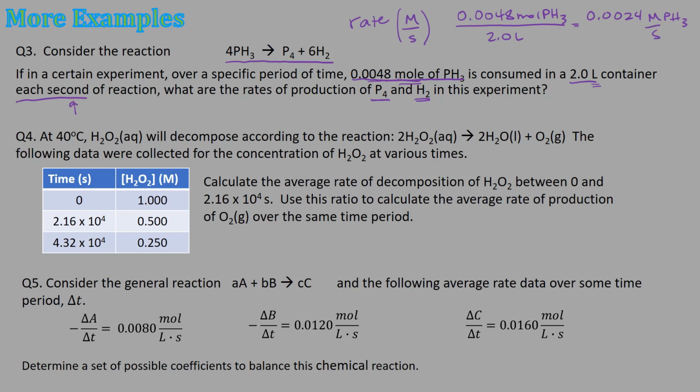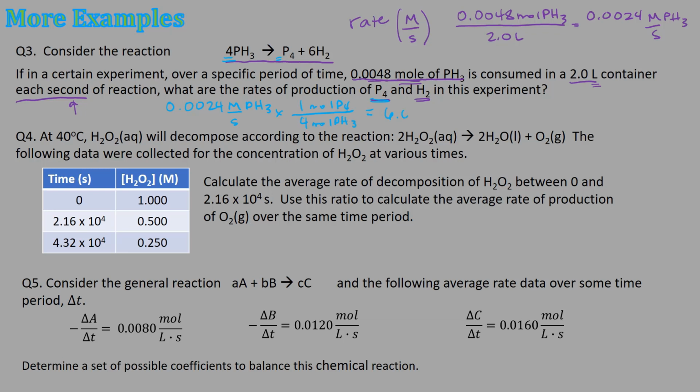I can divide by 1 second. So that's my rate of PH3. Now if I wanted to go back and calculate the rate of production of P4, then I can say I've got 0.0024 molarity per second of PH3, and then look at my mole to mole ratio, 4 of these for 1 of these.